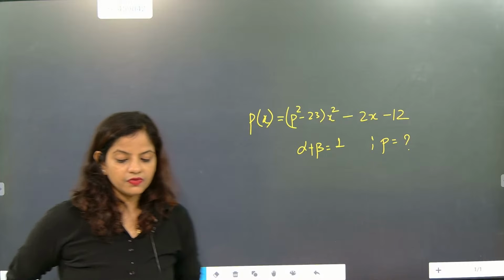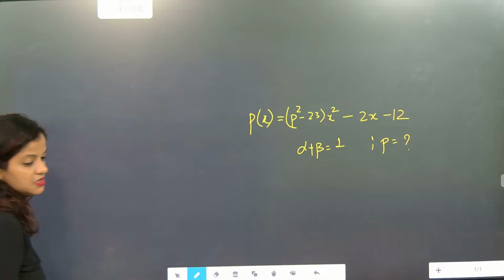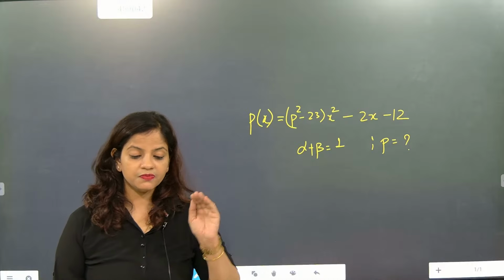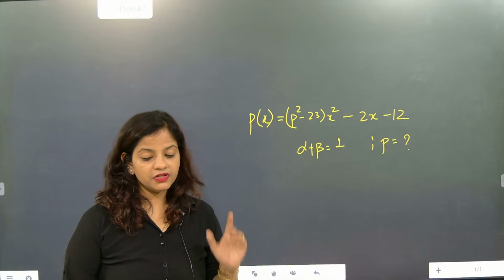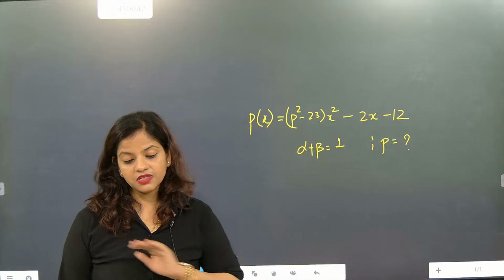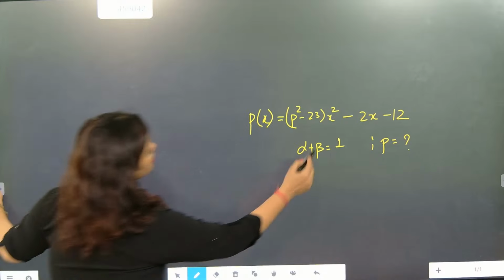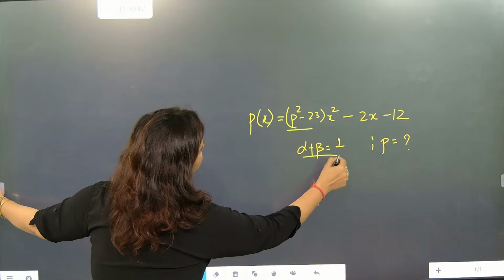Answer is 5. Okay, very good. But you need to be very careful, because I have not informed you about plus minus 5. When you are solving this question for 2 marks or 3 marks, you can't do it like that. First, check that alpha plus beta is equal to 1.